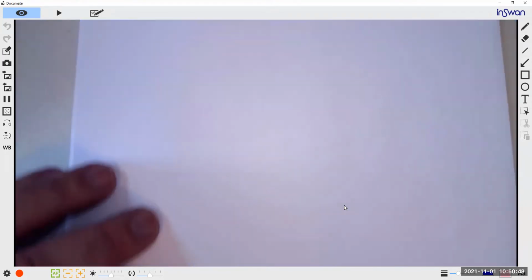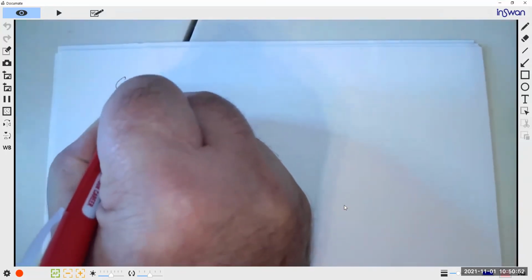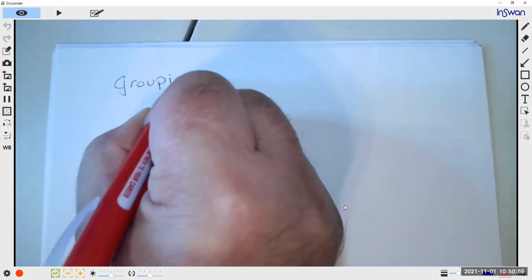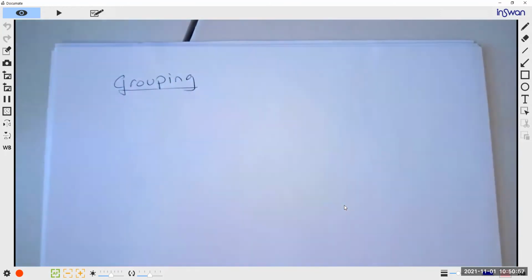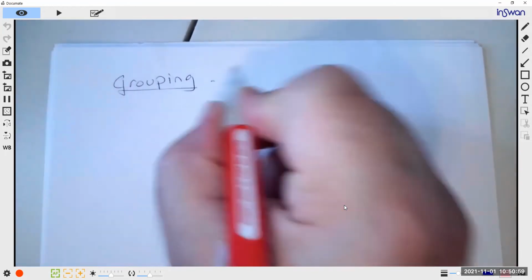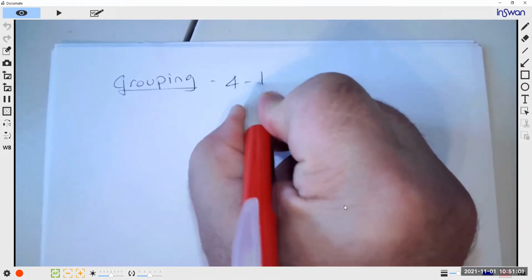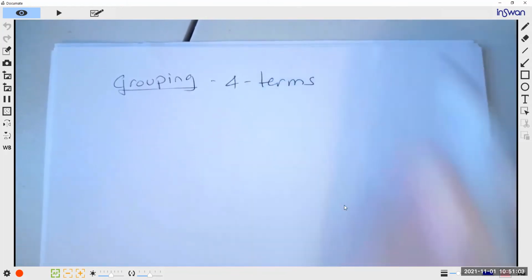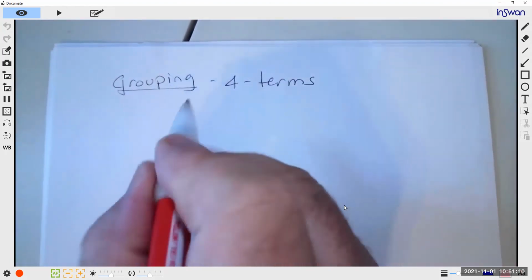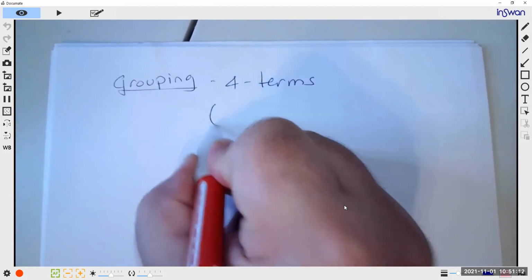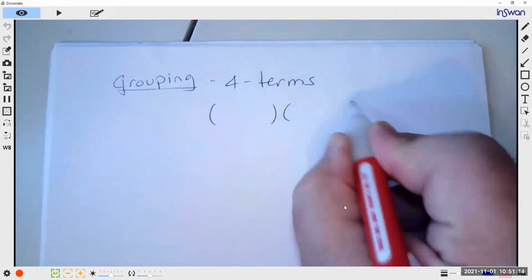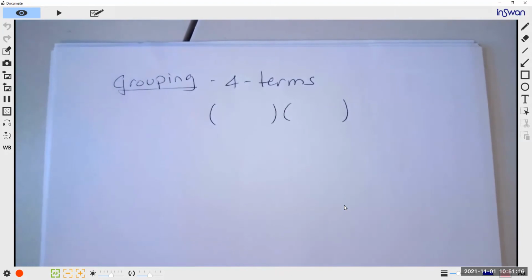All right, now here's another method called grouping. Grouping is used when you have 4 terms. You pair the first 2 and the second 2 equations.